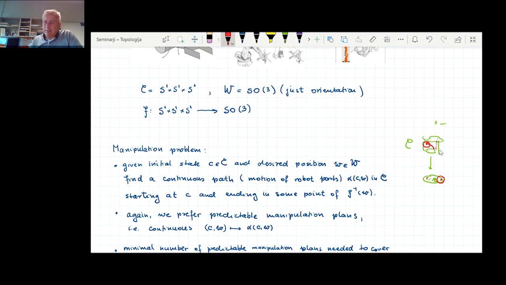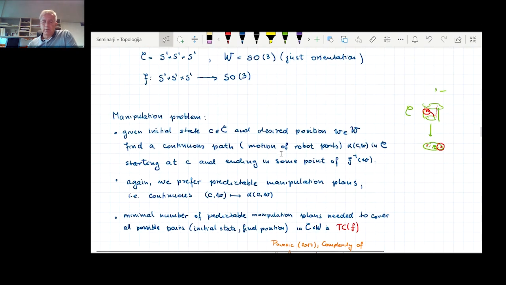And of course, if you fix a point, then this is just a motion planning within C. But if you allow any point within this fiber, and fibers can be quite big, then you get an easier and more realistic problem. And again, you insist that the solution that you find is continuous, so you get some predictability in manipulation plans, and you want to consider what's the minimal number of those that are needed.